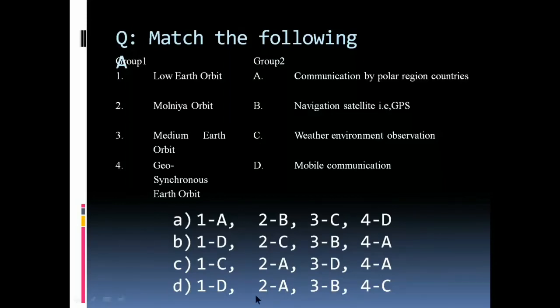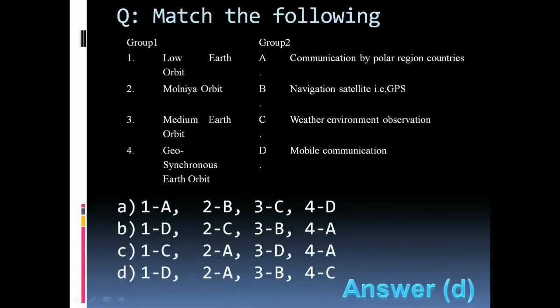So 4 is C. So option D. So make sure of it. Geosynchronous satellite is used for weather, survey, navigation or environment observation, right? And Molniya orbit is used for communication by polar region countries. So your right answer is answer D.